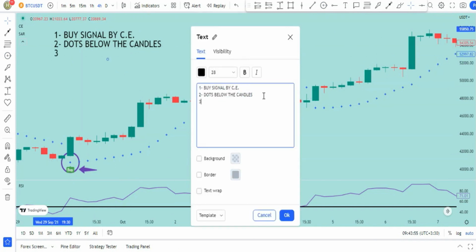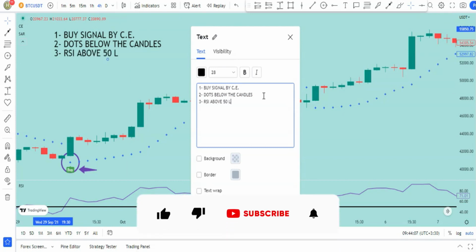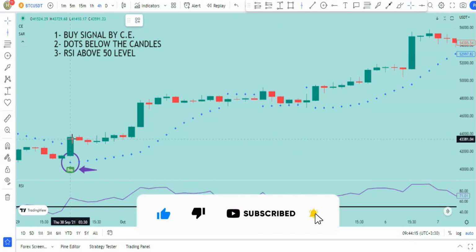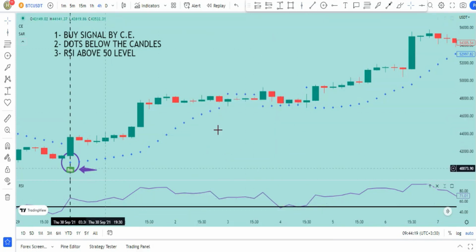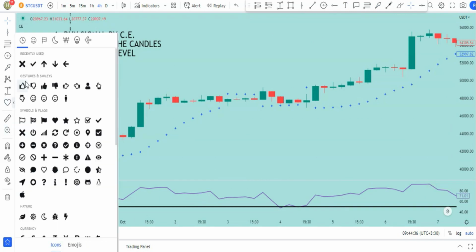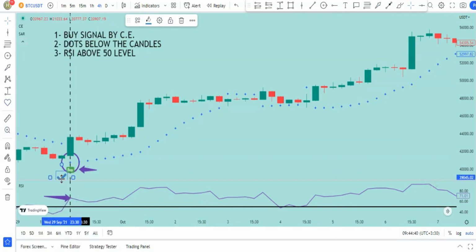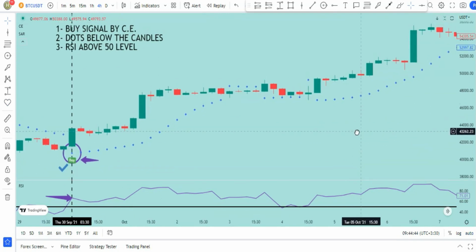And for the final confirmation of this signal, the RSI line must be above 50 level. As a result, this buy signal is approved with all the conditions.